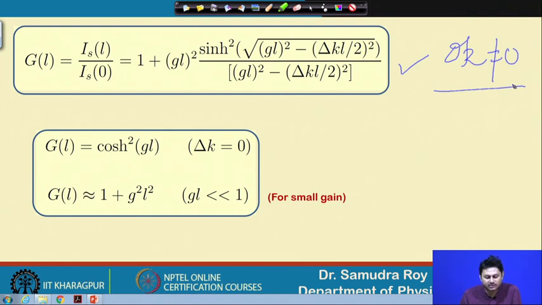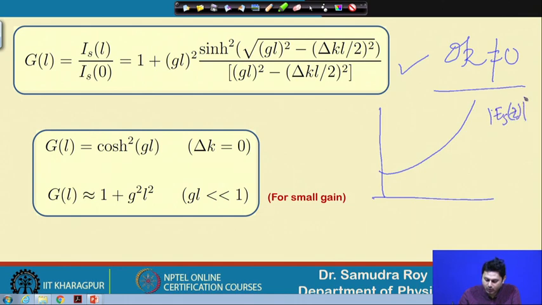If I plot these things, it will be interesting to show how this plot behaves under delta k. If delta k equal to 0, we know that it is going to increase, and it will increase like this for the signal. This plot we have already shown, how mod of V square, or the intensity of the signal, is increasing with respect to z, and the plot was something like this.